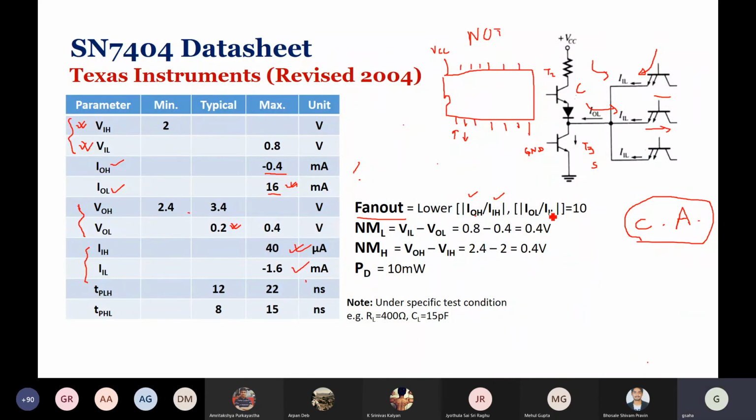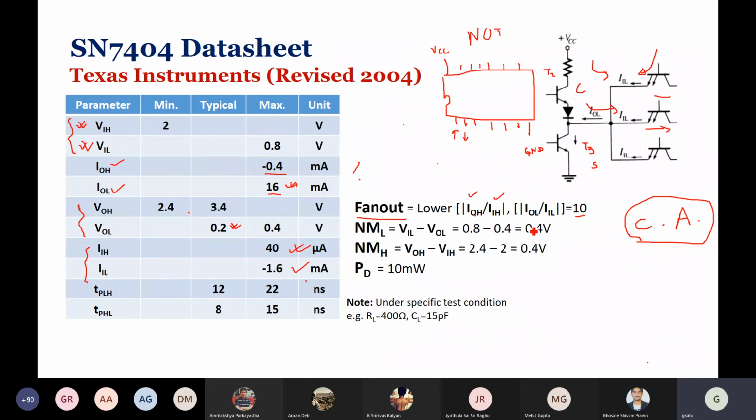So if you divide, what is the number that is coming out? Of course, it has to work both for output being high and low. You have to take the lower of these two numbers. In this case, both numbers come to 10, so absolutely no issue.